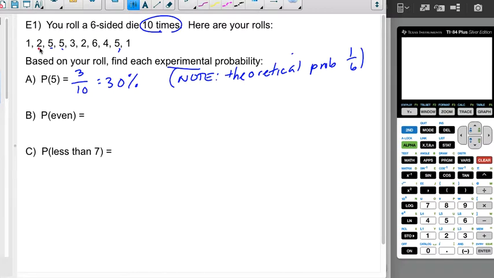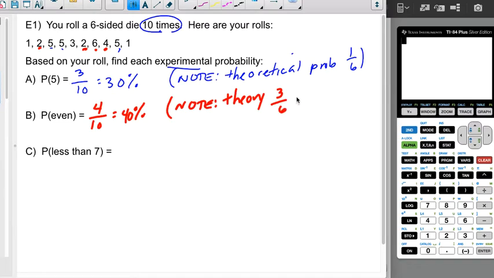Well, I got a 2, a 6, and a 4. Those are my even numbers, so it seems 4 out of 10, or 40%. Now, if I were actually doing the theoretical probability, in theory it should be 3 even numbers out of the total 6 numbers, which would be 50%.